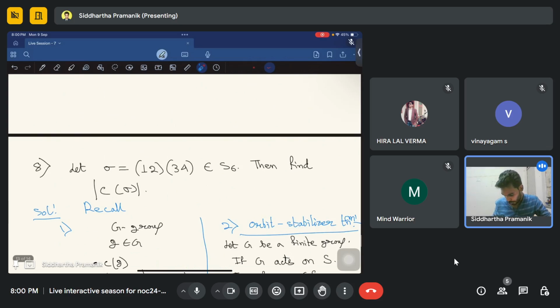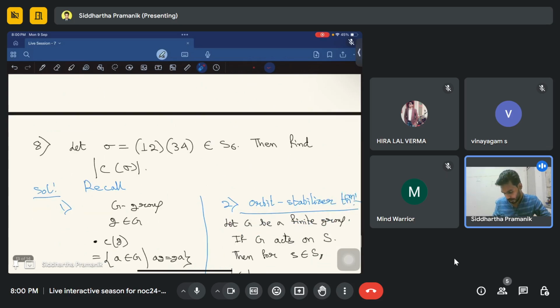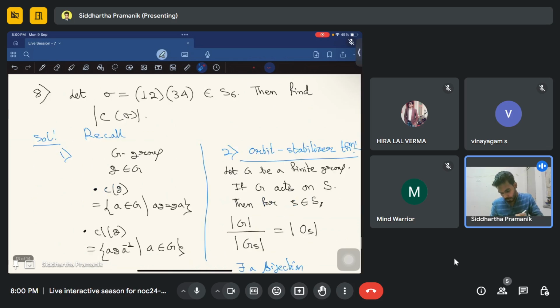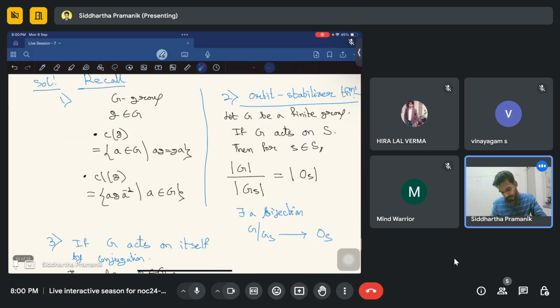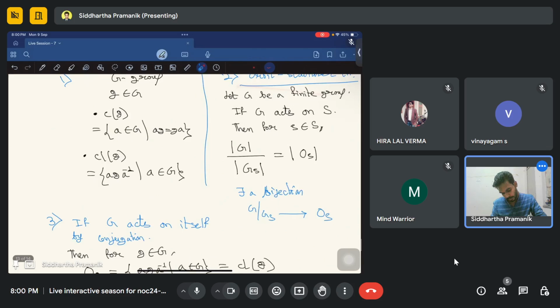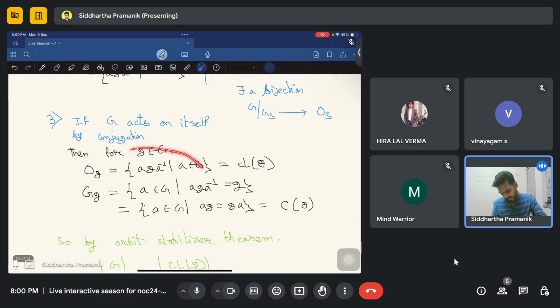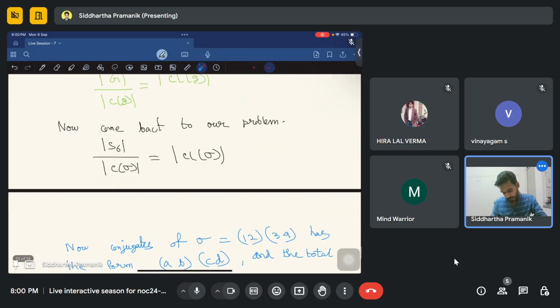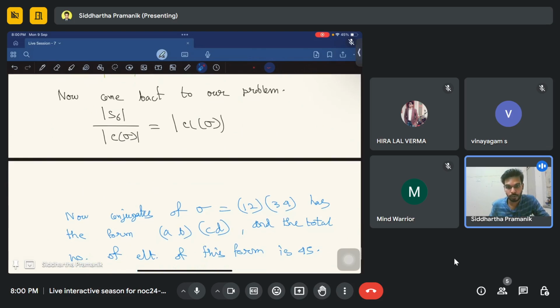So I hope you have understood how to find the conjugate elements, how to find the cardinality of the conjugacy classes, and finally the class equation. Also this problem is good because it involves so many things: the orbit stabilizer theorem, the conjugation action, and the results of conjugacy in Sn.